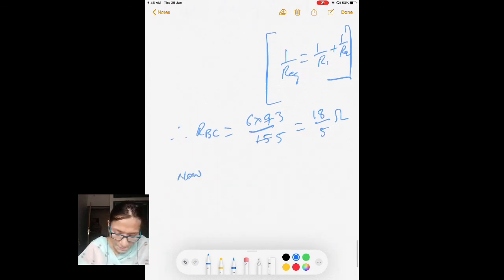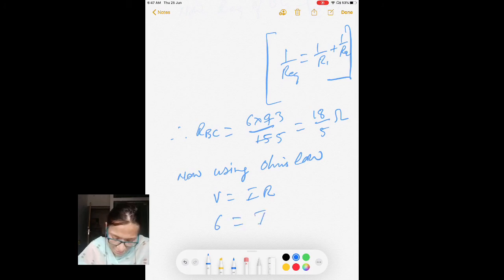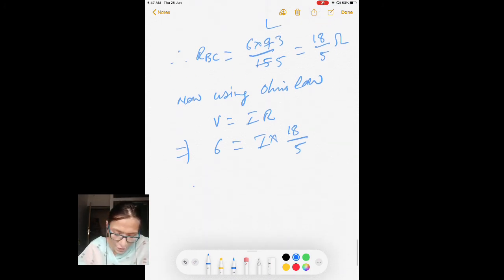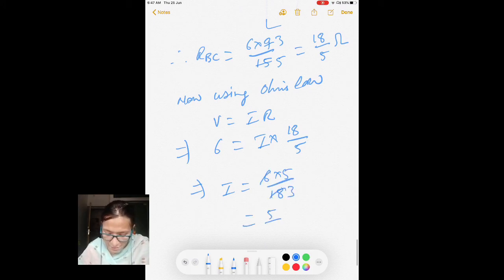Now, when you use Ohm's law, V is equal to IR. V is given 6 volt. I you have to find out, and R you have obtained 18 upon 5, and therefore I comes equal to 6 into 5 upon 18. Therefore I comes equal to 5 upon 3 ampere. So this is the result of your second question.